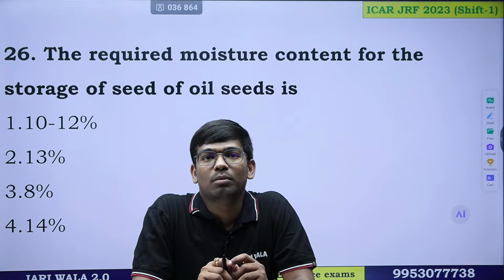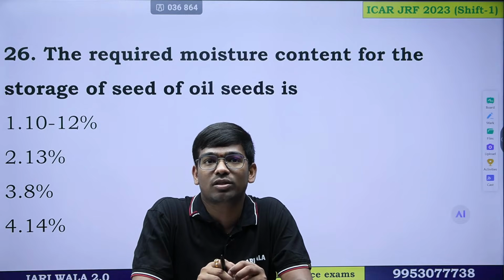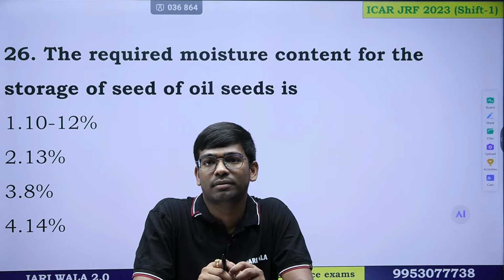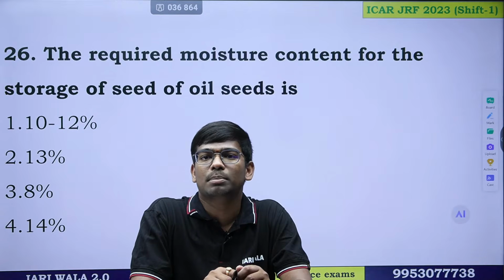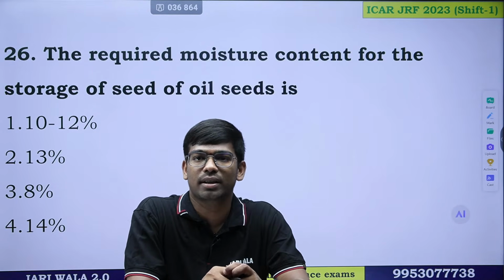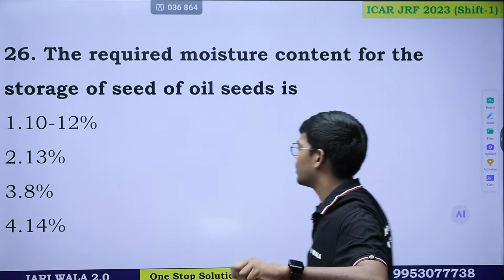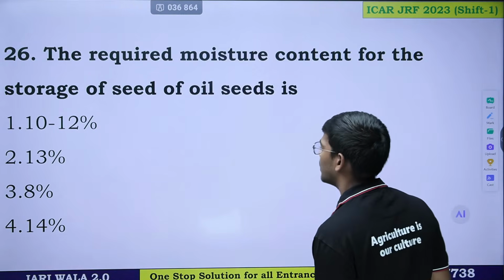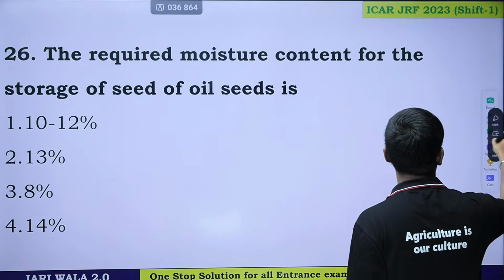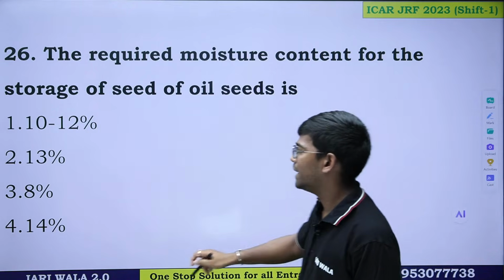So 2 students responded, it's 3. Yes, 8% is the correct answer. And for cereals, it's 10 to 12%, or sometimes in some books you may find 12 to 14%, but for oilseeds, it is 8%.